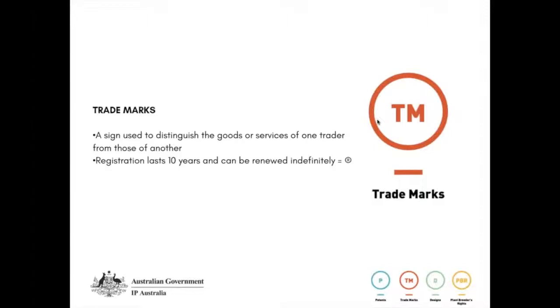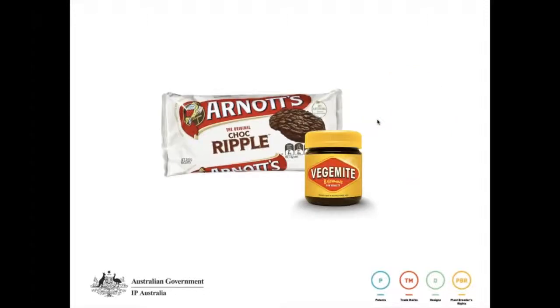TM it. Yep, excellent. Alrighty, so when we talk about trademarks, we talk about brands, they are literally in our face every single day. And you probably don't realise, I mean, you look at the two products that we've got on screen here, we've got Vegemite and we've got Arnott's chocolate ripple biscuits. Both of these brands have multiple trademarks. So we know that Vegemite is now owned by Bega, so there's two trademarks in the Vegemite brand. Arnott's is a trademark, chocolate ripple is a trademark.